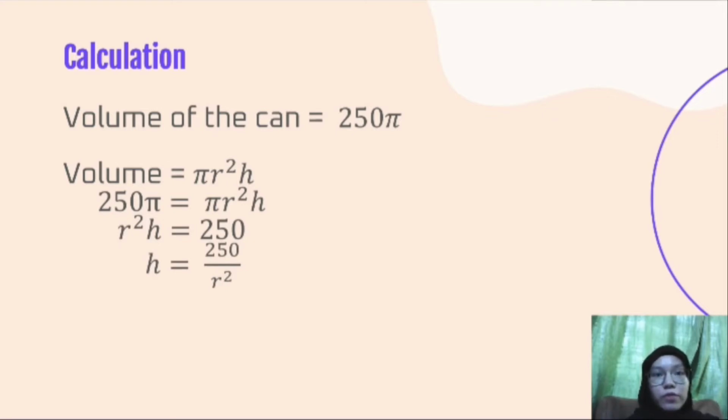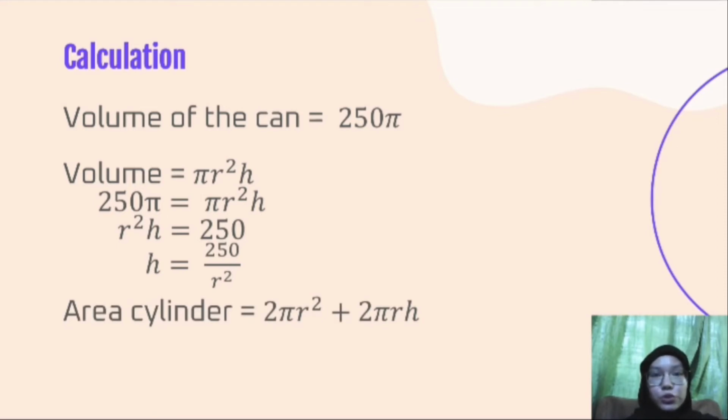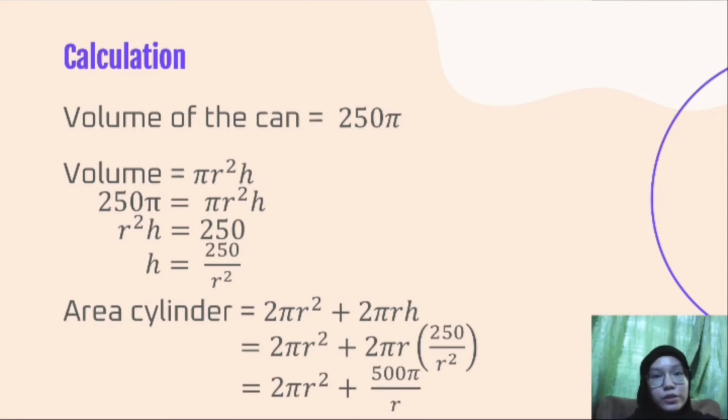Next step, we find the area of the tomato can. The formula of the area of a cylinder is 2 pi r squared plus 2 pi r h. Then we substitute the h that we found just now into this equation. And the answer for this equation is 2 pi r squared plus 500 pi over r.